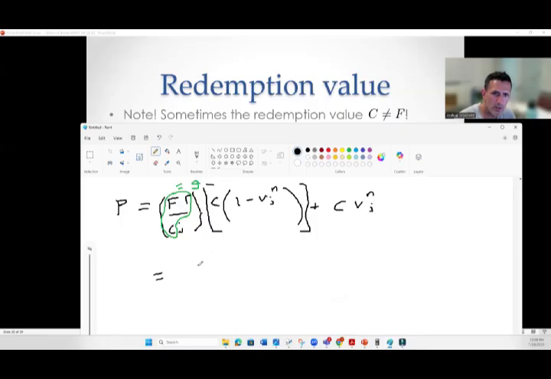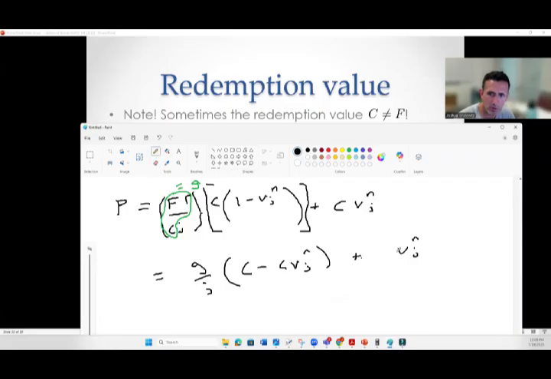So what is this? This is G over J. Distribute the C: C minus C Vj to the N plus C Vj to the N. As before with Makeham's formula, this is really trivial, just baby arithmetic.